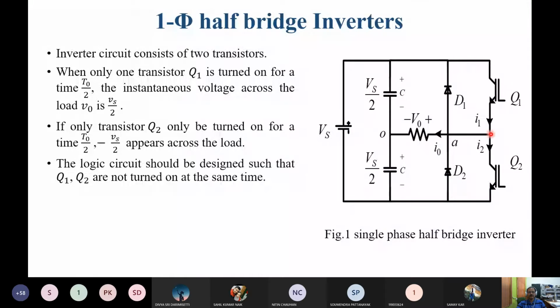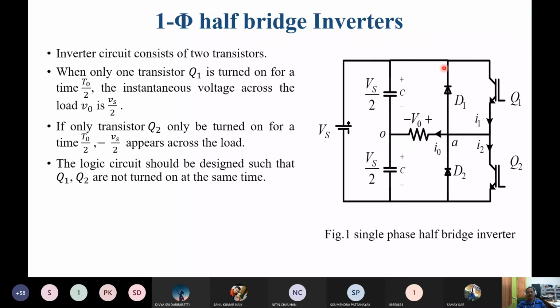after this current is zero here, this will start conducting and the current direction will be like this. When Q2 is conducting, the current direction is this direction. Similarly, when this is off, the current direction cannot change instantaneously.